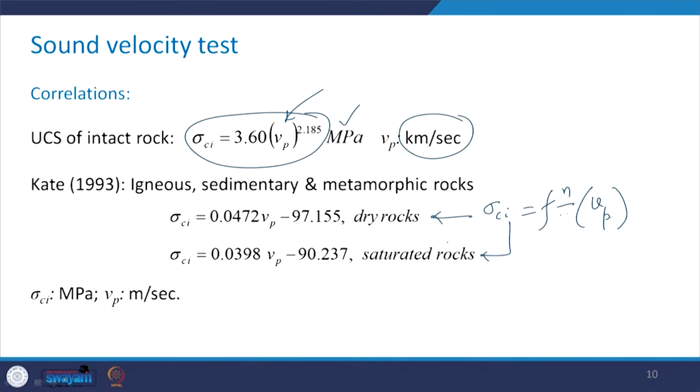Here the units for this sigma Ci is megapascal and for the velocities the units are meter per second in this case. So, you see expressions different and the units also different.